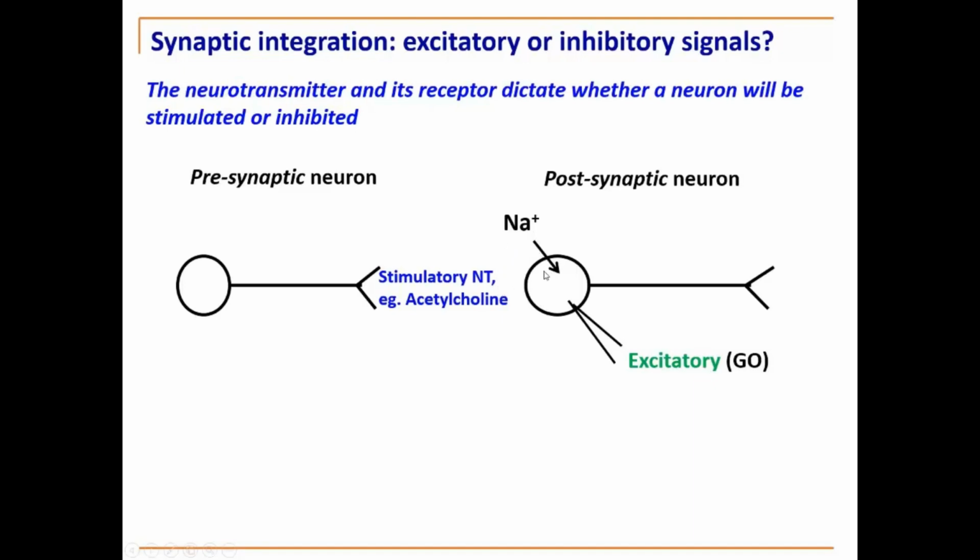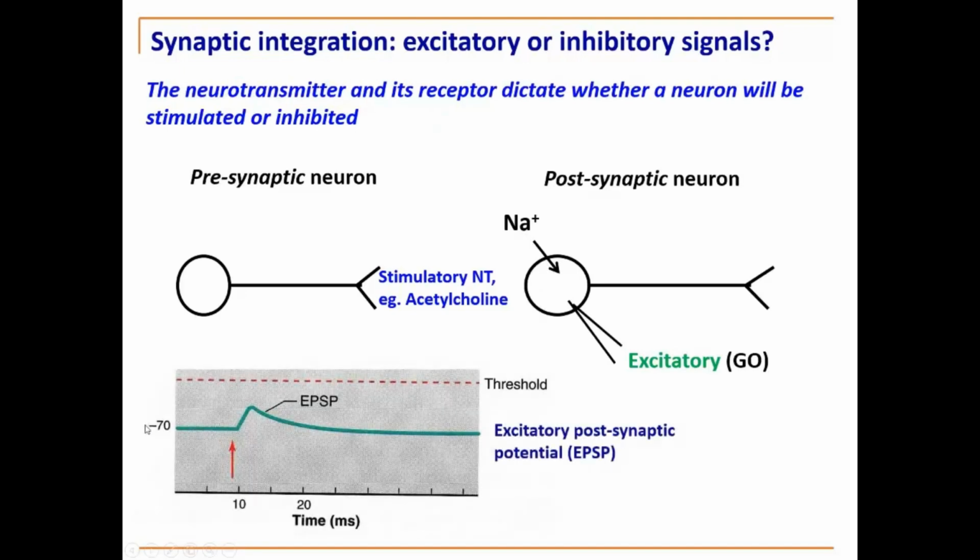As sodium comes in, the inside of the cell becomes more positive. So it's excitatory because more sodium is coming in, and we generate an EPSP. There's our trigger, and a nice little EPSP. Our postsynaptic neuron has become more positive.